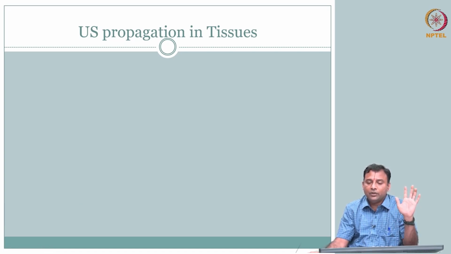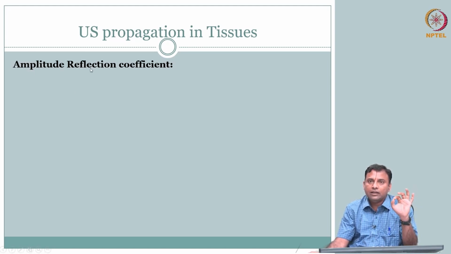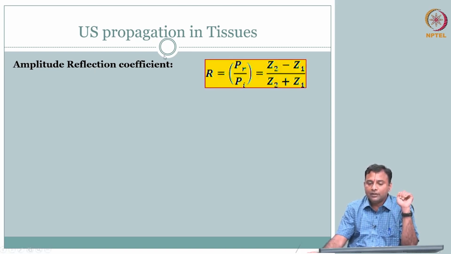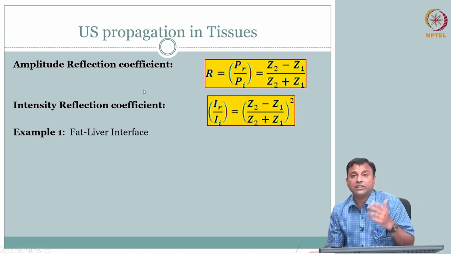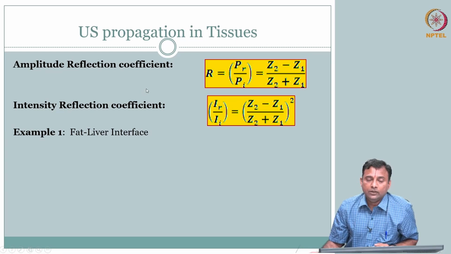So essentially the amplitude reflection coefficient in the case of perpendicular incidence reduces to a simpler form. R is Z2 minus Z1 by Z2 plus Z1. This is your amplitude reflection. You could have your intensity reflection coefficient as the square of this. Likewise, you can do the transmission as well. So that is not a big deal.